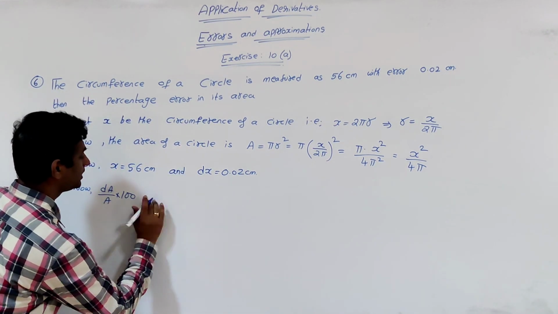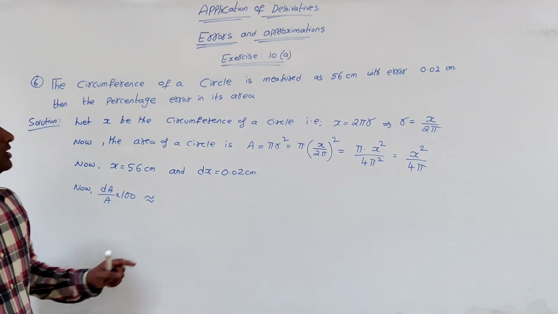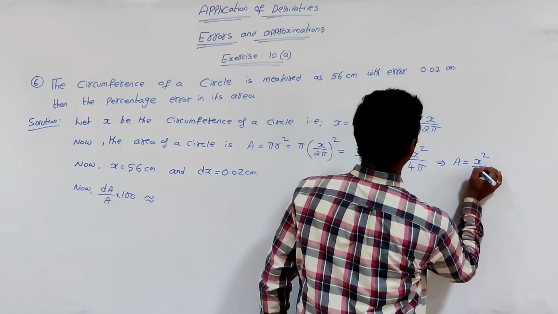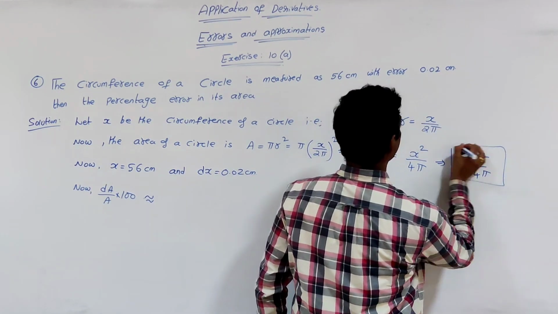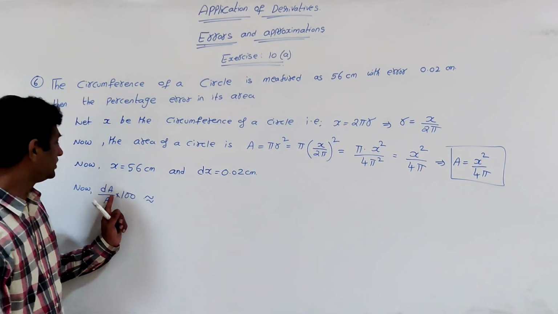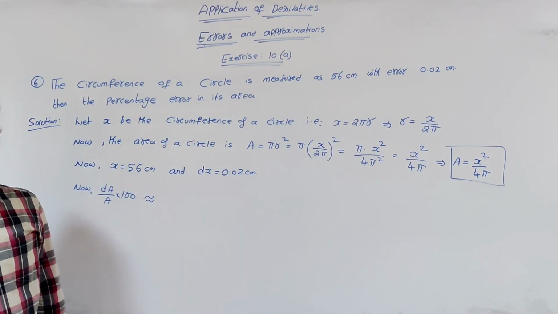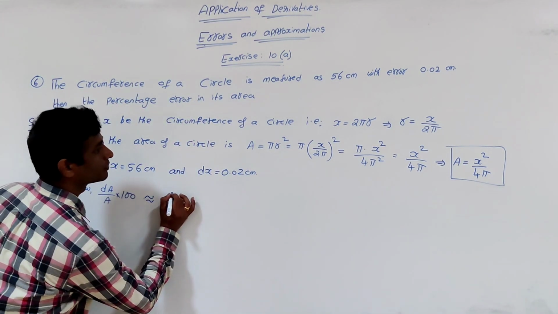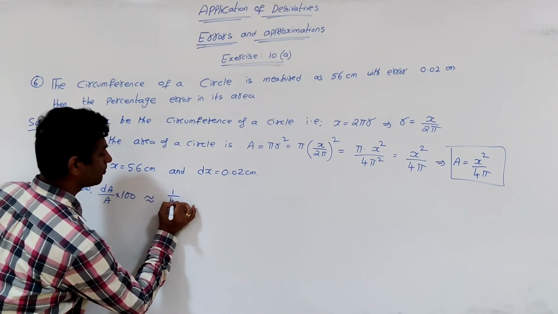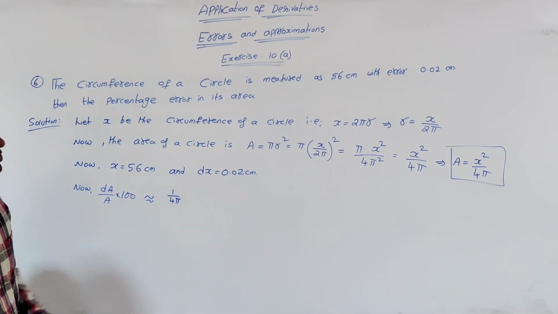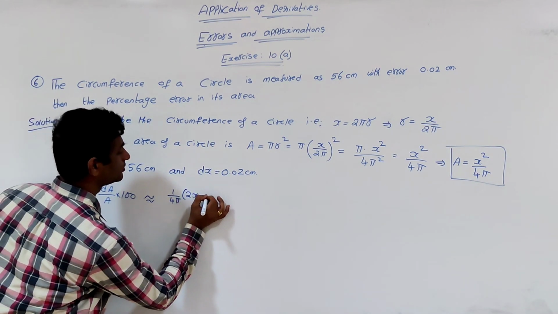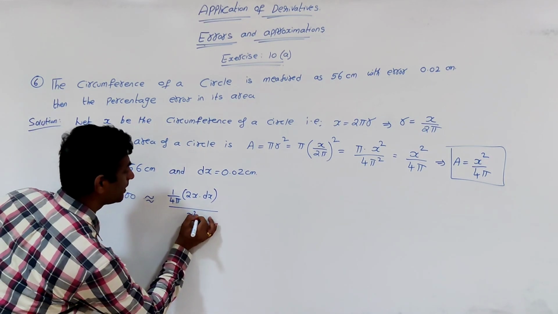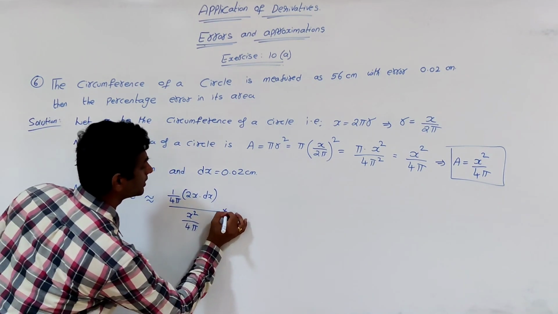So which is approximately equal to, what is dA? dA is a differential, that is A is equal to x square by 4 pi, the relation between A and x. Now what is dA? The derivative of x square is 2x. So dA means 1 by 4 pi is constant and the derivative of x square is 2x, 2x into dx, divided by A, x square by 4 pi, into 100.